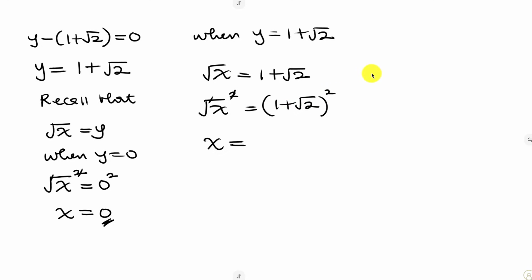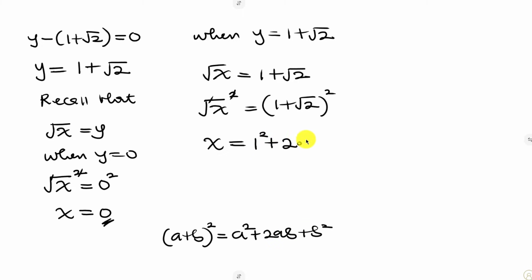This expression is of the form, let me write it here, a plus b all raised to power 2. And on expansion, it has an identity of a squared plus 2ab plus b squared. So on expanding this just like this, we have 1 squared plus 2 times 1 times the square root of 2 and then plus the square root of 2 squared. Very good.